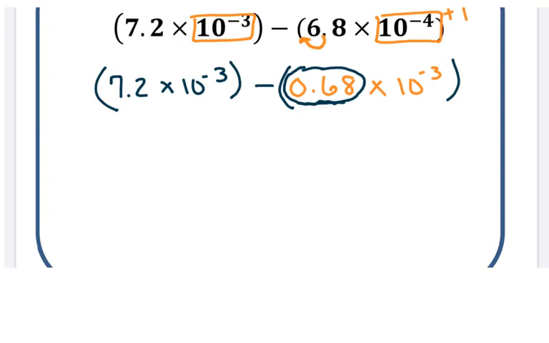All right, so we subtract those numbers. So I've got 7 and 2/10 minus 0.68 hundredths. Again, it's perfectly acceptable to type it into your calculator. I do a lot of times too, just to make sure I'm not making any mistakes.